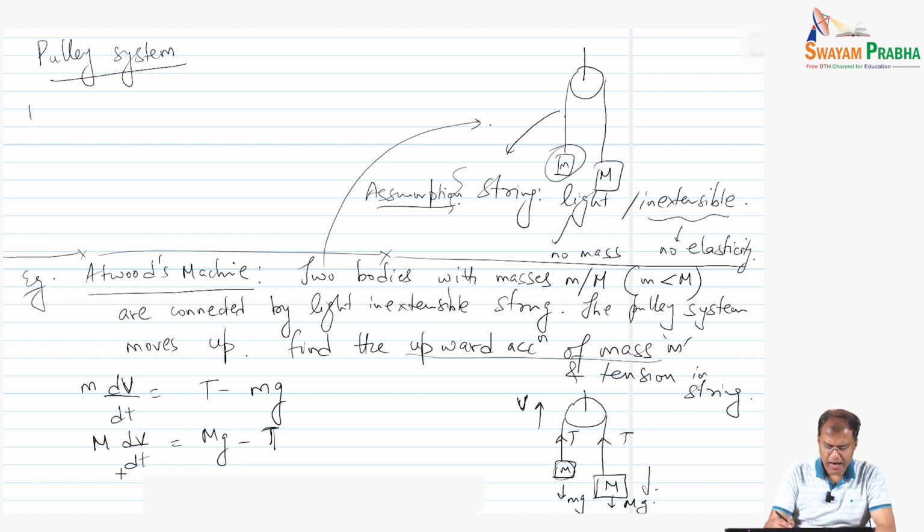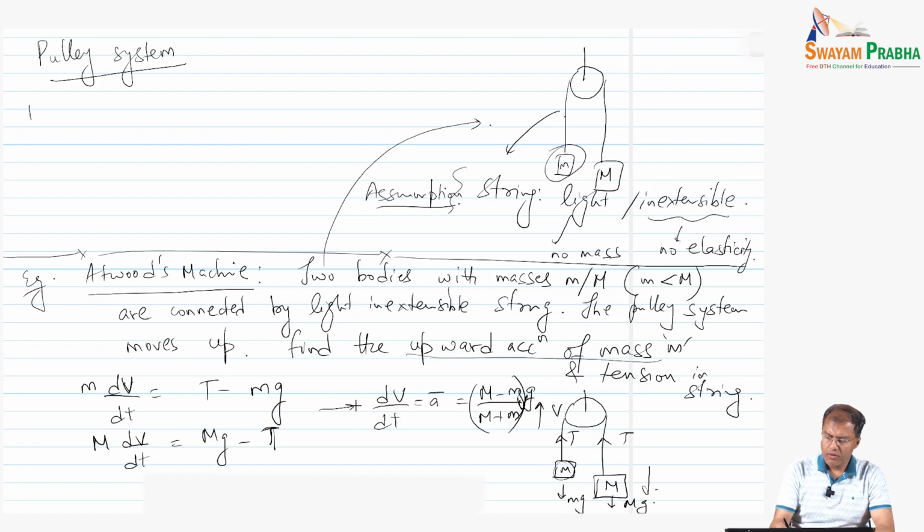So then if we add up, we see that the acceleration dv/dt, or A, comes out to be (M minus m) divided by (M plus m) times g.